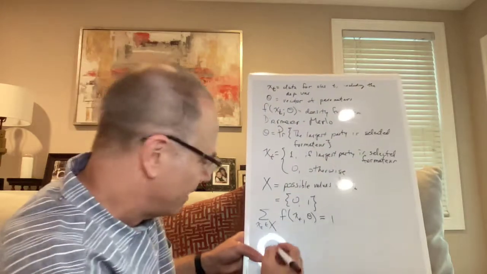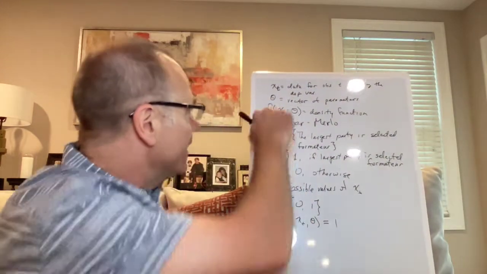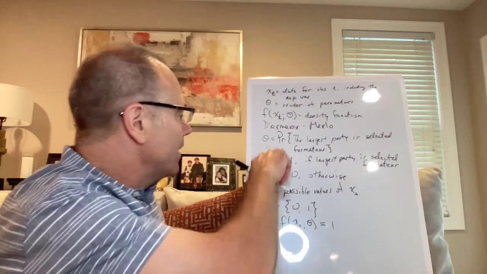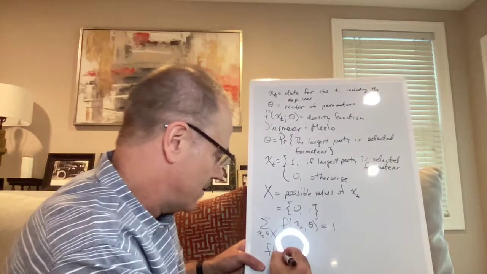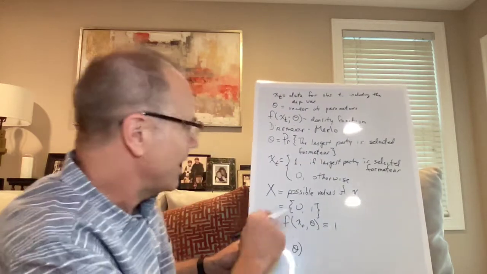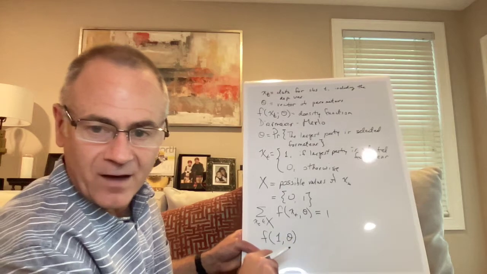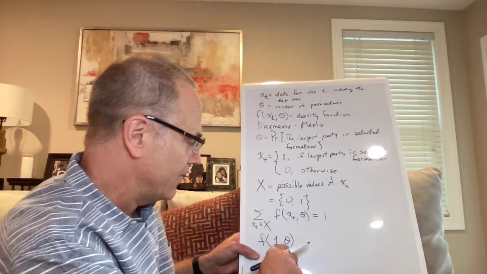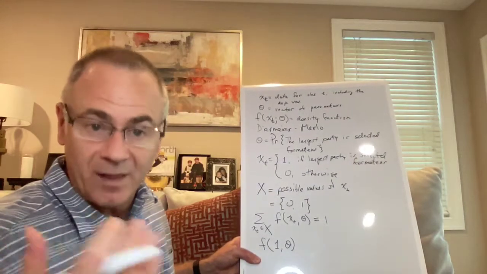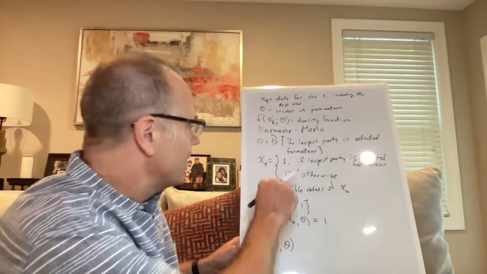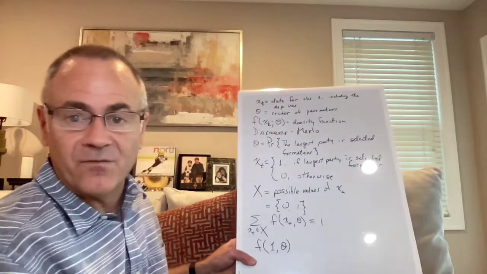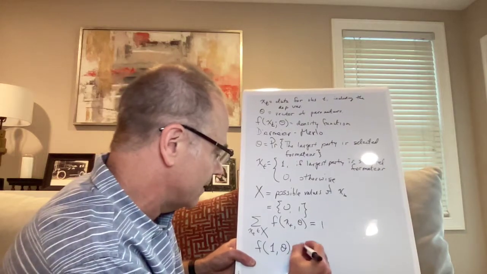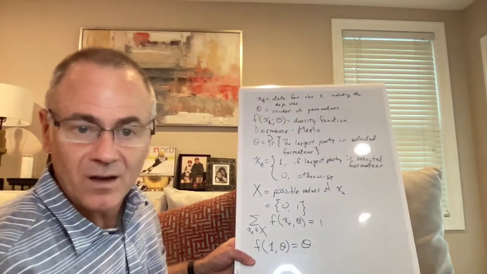The reason is, the way we've defined f of x: if x of t is 1, then f of 1, the probability x_t is 1 given theta, is the probability that the largest party is selected formateur, and we're defining that, in this case, to equal theta.